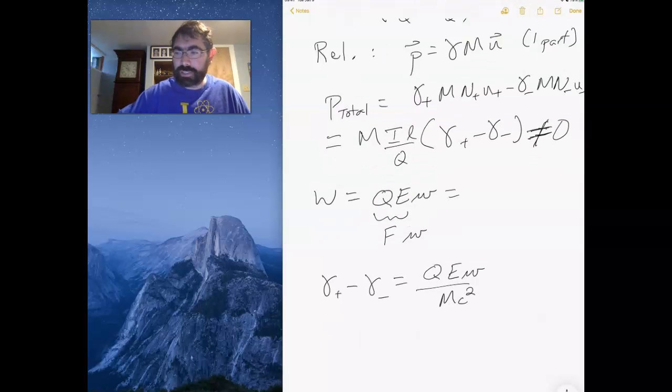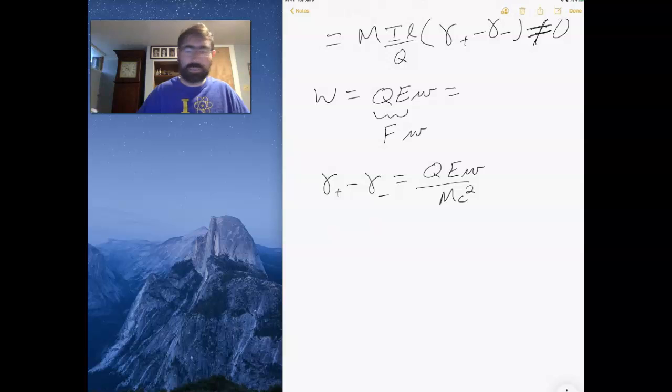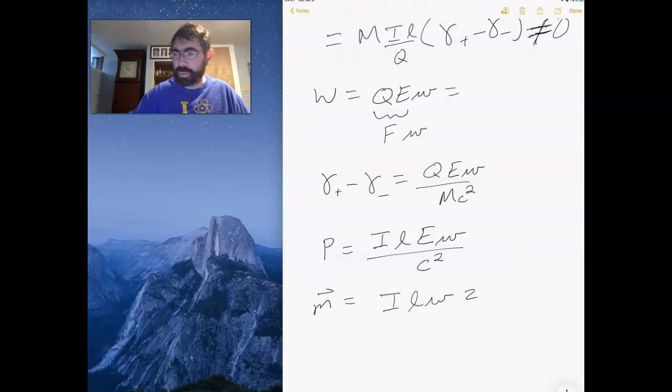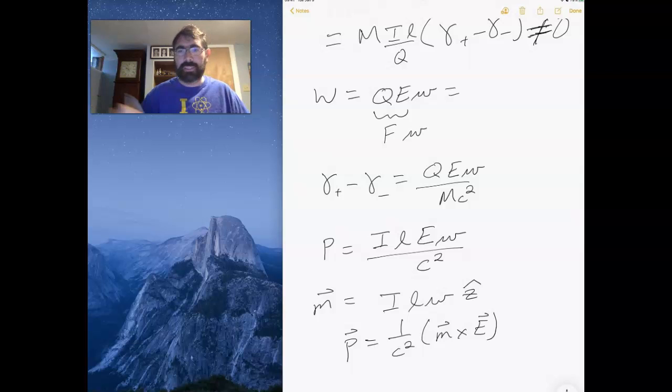And so in the end, what I get is a momentum, which is the current times the length times the electric field times the width divided by c squared. The dipole moment is IL times the width, basically the area times the current. So therefore the momentum is 1 over c squared, the magnetic dipole moment crossed into the electric field.